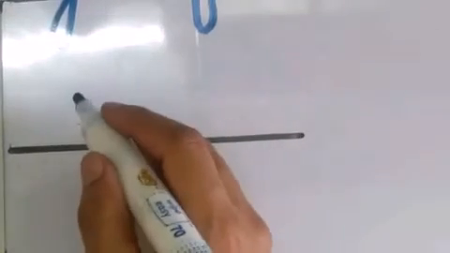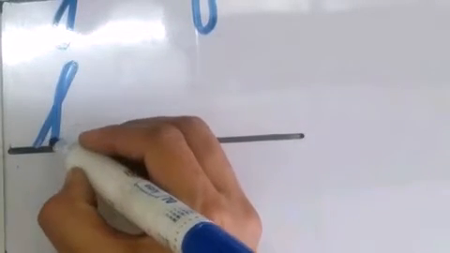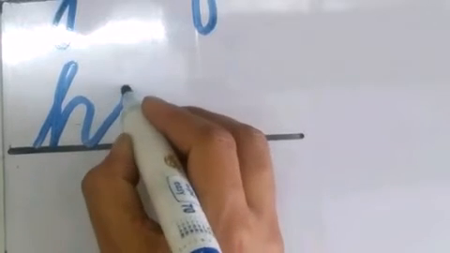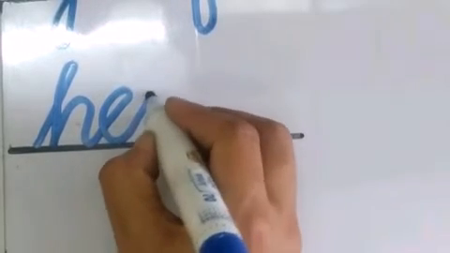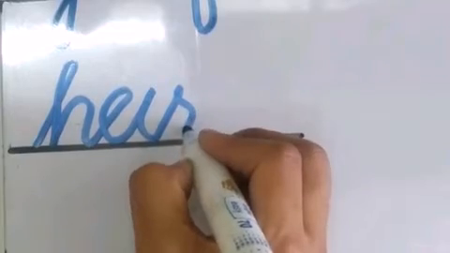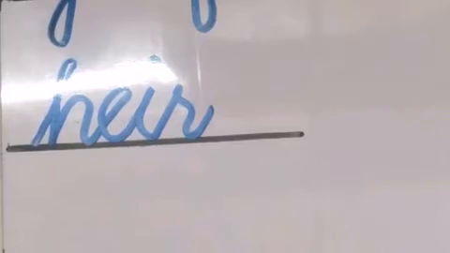The next word which we are going to write is heir. H is silent in it. Heir. Write like this. There should be proper distance between the alphabets and write neatly.